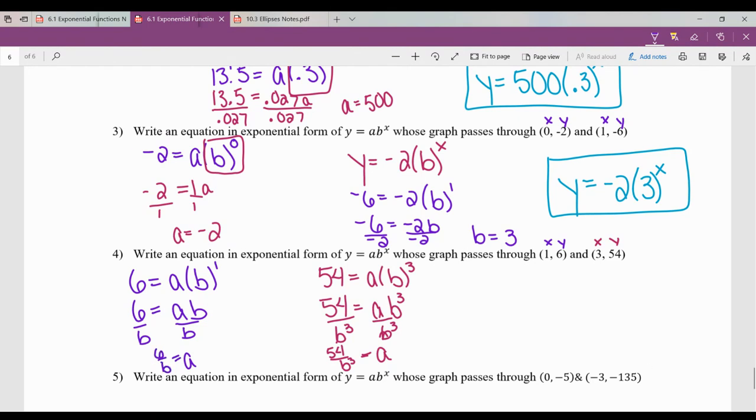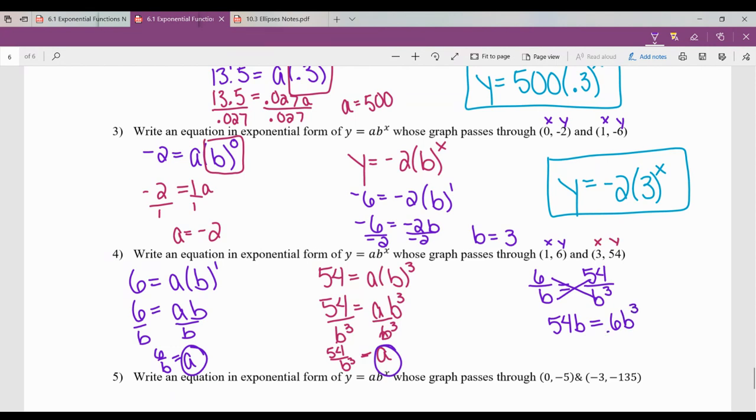Now, because they're both equal to a, I can set them equal to each other. So 6 over b equals 54 over b to the 3rd. And I'm going to cross multiply. 54b equals 6b to the 3rd. Okay.